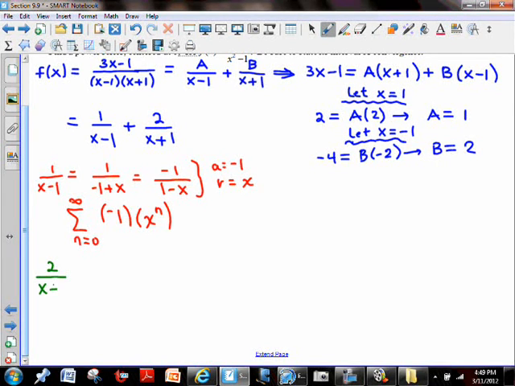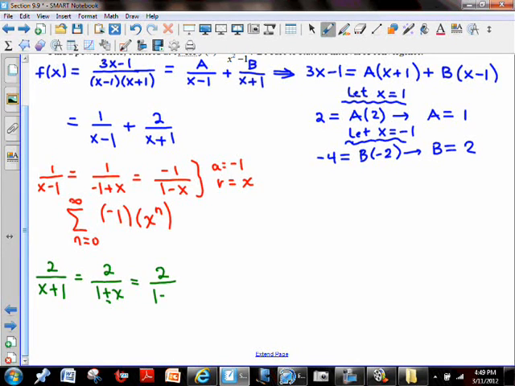rational expression, 2 over x plus 1, which we can doctor up a little bit, first of all, by switching the 1 and the x. Good news is that we do have the correct term leading things off, 1. The bad news is we have a plus sign here in the middle that needs to be worked, and that's an easy fix.